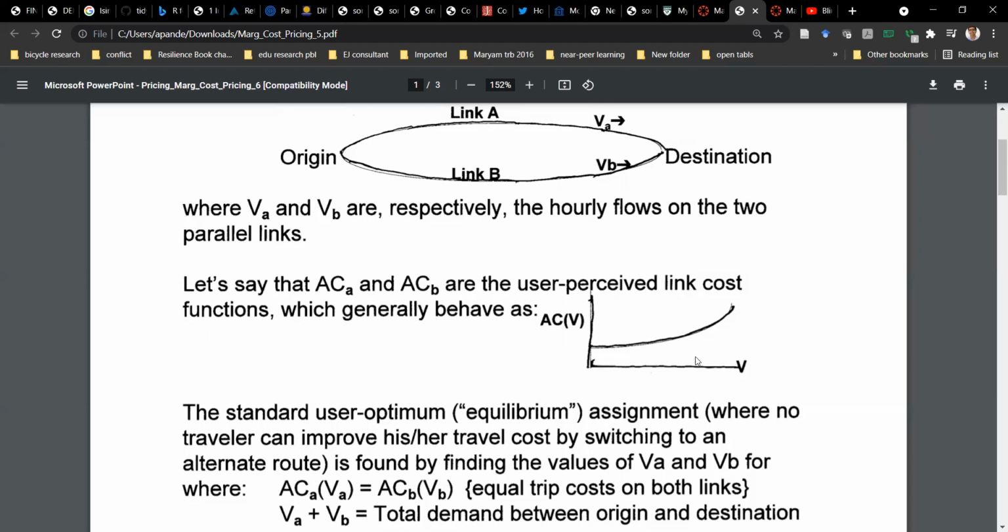And if there are more people on the road, the average cost does increase. If there are this many people on the road, you'll have this average cost. But if there are a higher number of people on the road, then your average cost becomes higher.